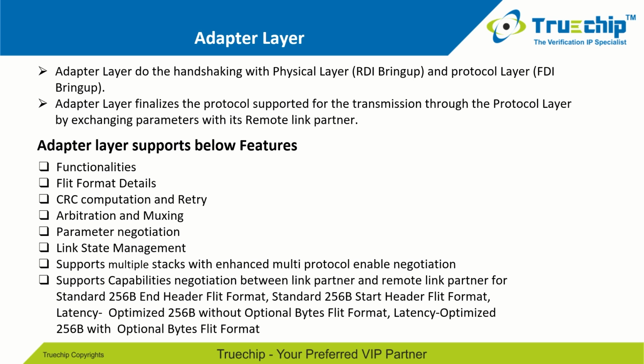The adapter layer supports features such as functionalities, Flit format details, CRC computation, retry mechanism, arbitration and muxing, parameter negotiation, link state management, and multiple stacks with enhanced multi-protocol enable negotiation. It also supports capability negotiation between the link partner and remote link partner for these different Flit formats.